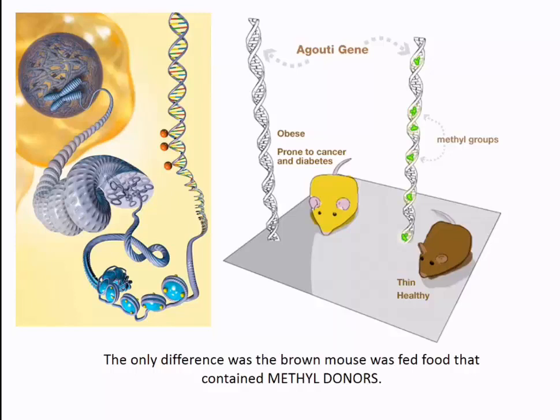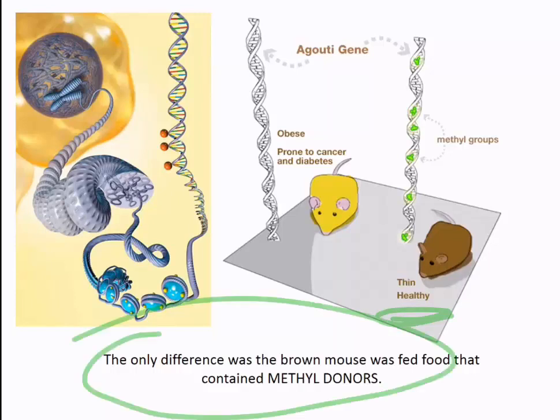Now, what I want to show you here is this thin mouse. Let me read this statement down here. The only difference was the brown mouse was fed food that contained what? These methyl groups. At the end of the video, I'm going to show you where you find these methyl groups.